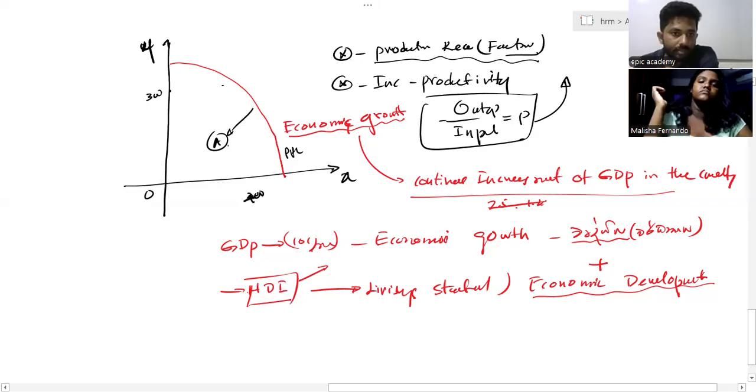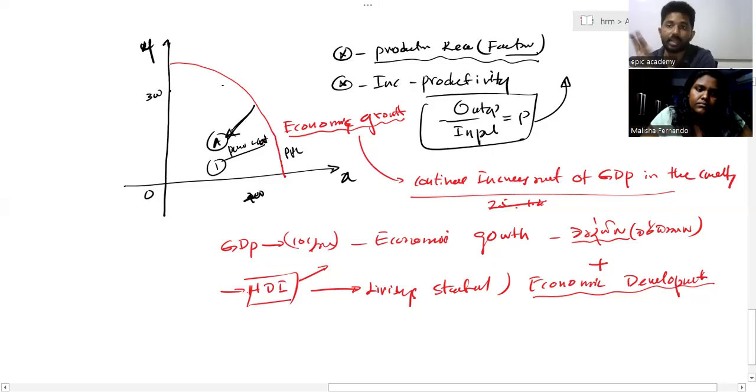Okay, a power cut only for 1 day. So then their machineries cannot be used because of the power cut. What will happen to the production ability? Production ability is not going to change.